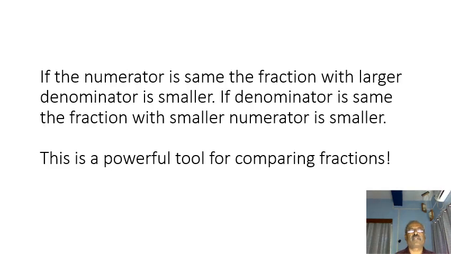If the numerator is the same, the fraction with larger denominator is smaller. If the denominator is the same, the fraction with the smaller numerator is smaller. This is a powerful tool for comparing fractions, this fact.